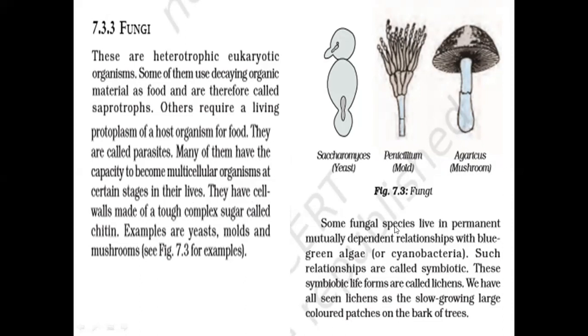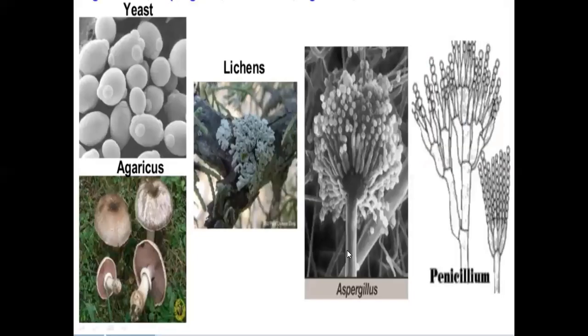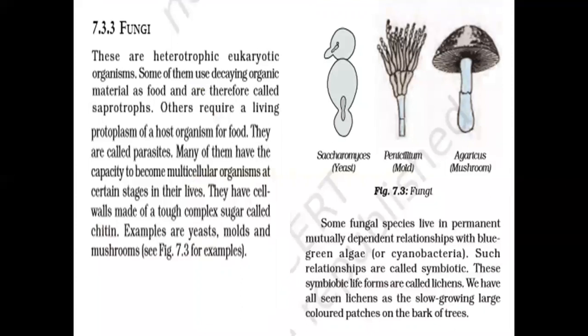Now, some fungal species live in permanent, mutually dependent relationships with blue-green algae, and the blue-green algae are the Monerans, that is, the cyanobacteria. Because they live in a relationship with them, they are called symbiotic. These symbiotic life forms are called lichens. We have seen lichens; they are slow-growing organisms which appear as colored patches on the bark of trees.